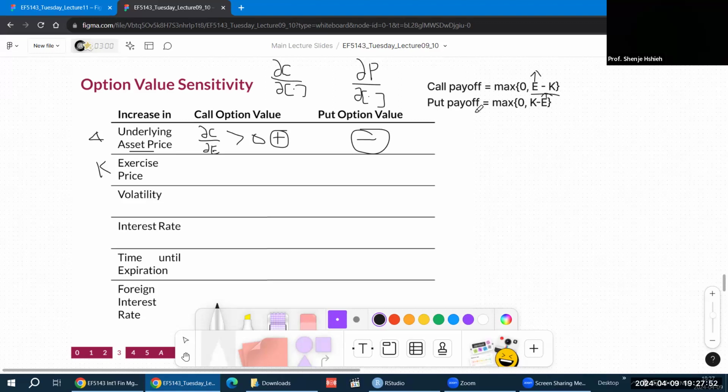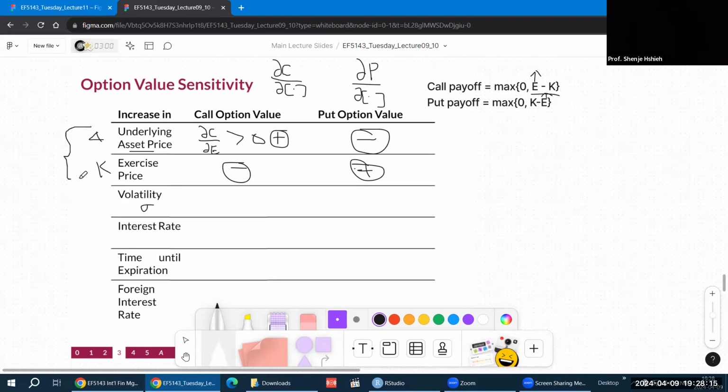Because the gap between E and K is smaller, the payoff function is smaller. Therefore, the price I'm going to pay for this is also smaller. So it's a minus sign. Put options are the reverse, right? Because this is increasing, positive. All right, volatility.